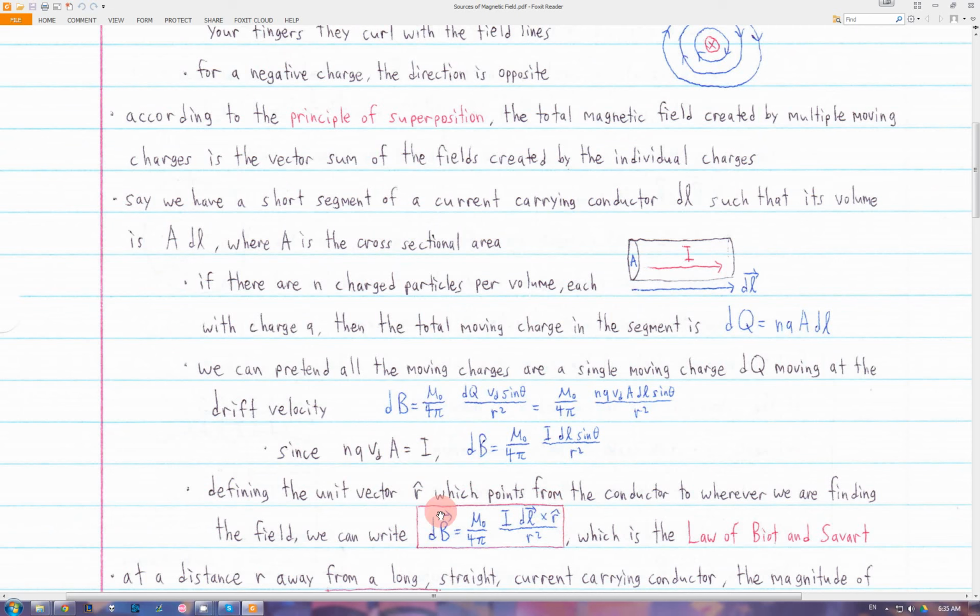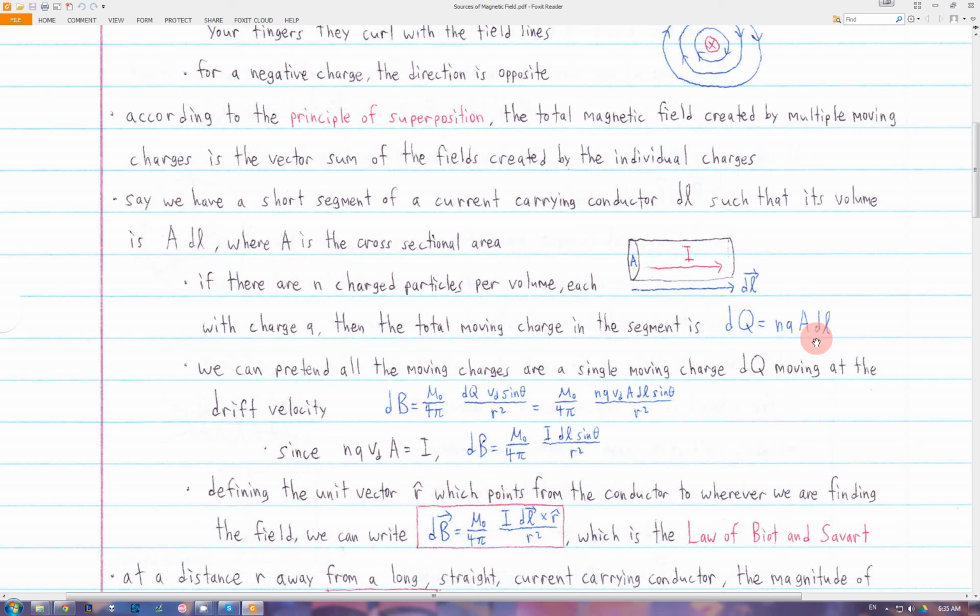And so, if we want to find the magnetic field due to any current carrying conductor, then we can use this expression. And so this is only for a very small section of a wire. So if we wanted to find the total magnetic field for a longer section, then we would of course integrate both sides. Because if we integrate dB, then we get the total B.